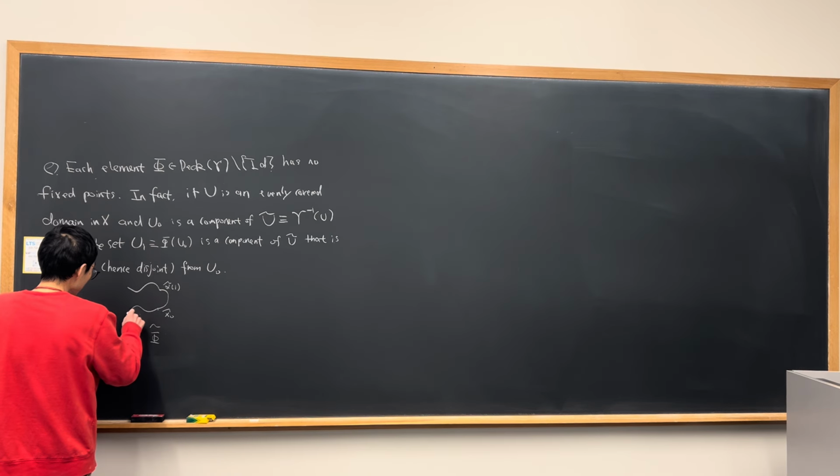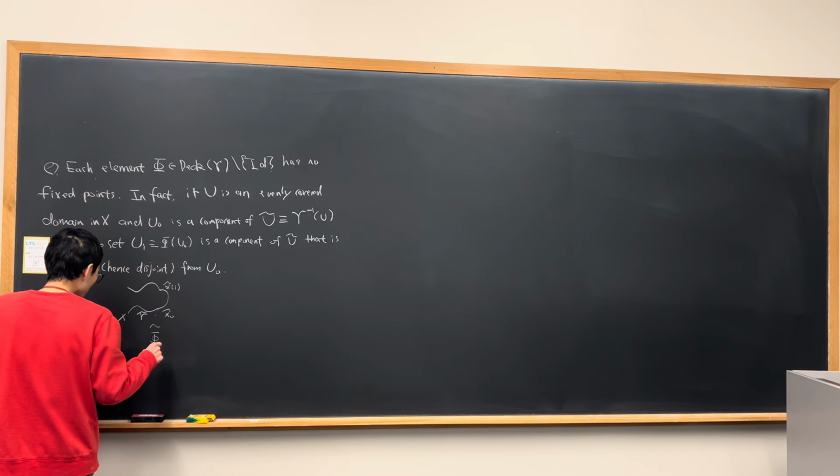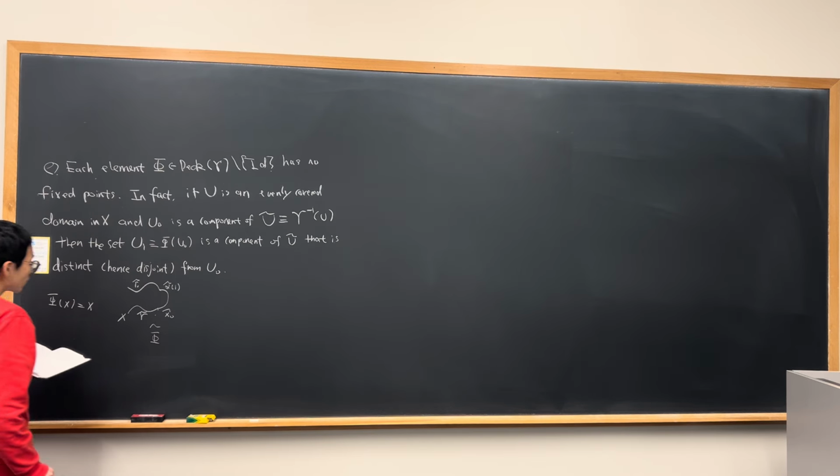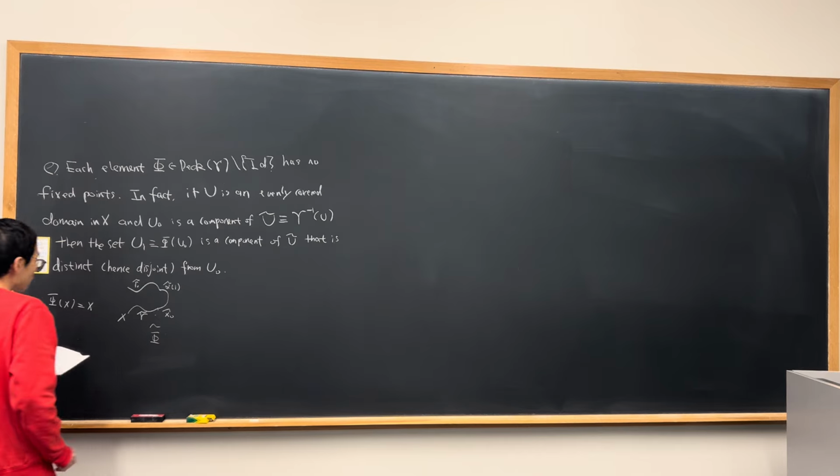So suppose this is x. This is gamma tilde, and this is small gamma 1 tilde.